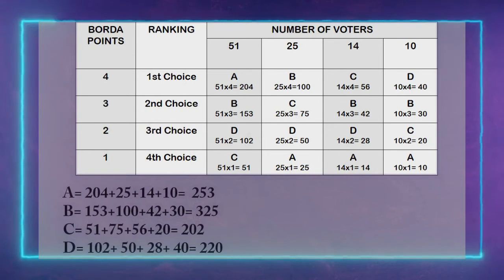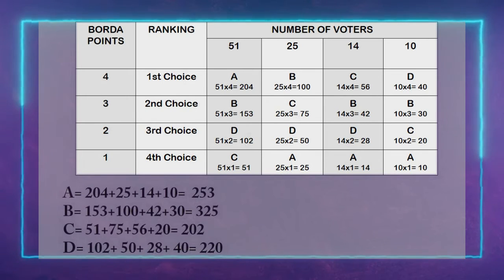So it's the same process for candidate C and candidate D. For candidate C, we have 51 voters who rank him as the last choice or the last preference with 1 point. So 51 times 1. 25 voters rank him as the second choice.